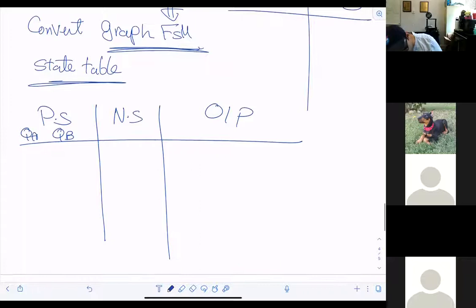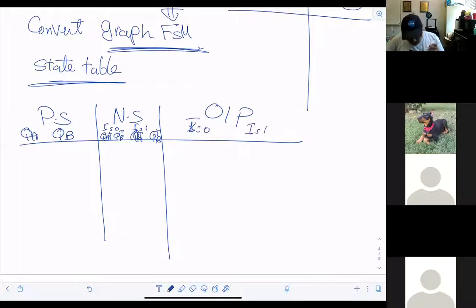So I can write here when the input equals 0 and when the input equals 1: QA plus, QB plus, QA plus, QB plus. What does this plus mean? Next state. Make sense? Then the output also depends on the input, which is basically I0 or I1.